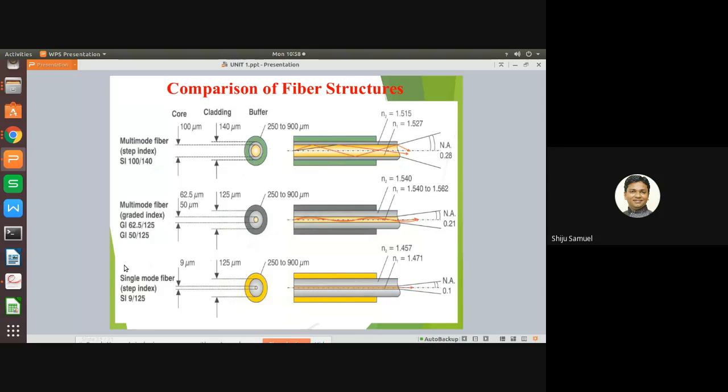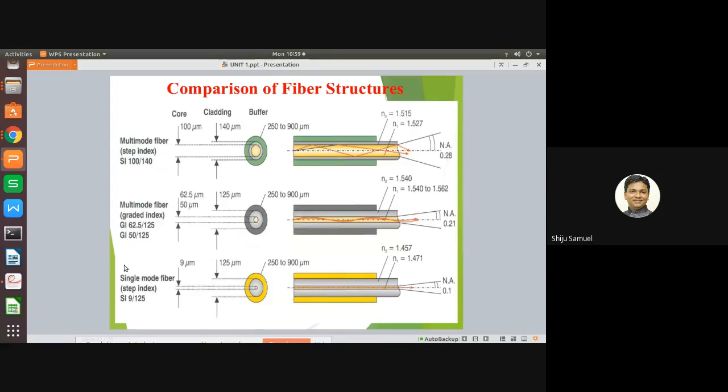Now, one concept is that for lower bandwidth applications, multi-mode fiber has several advantages over single mode fiber. What are the advantages? The use of a spatially incoherent optical source, for example an LED, which cannot be efficiently coupled to a single mode fiber.